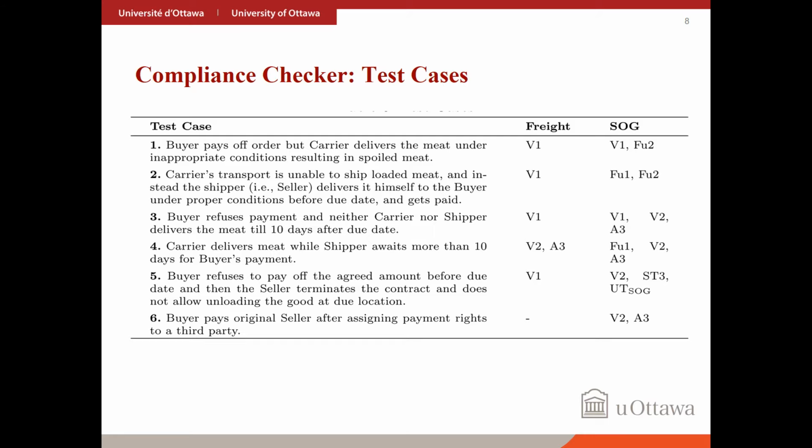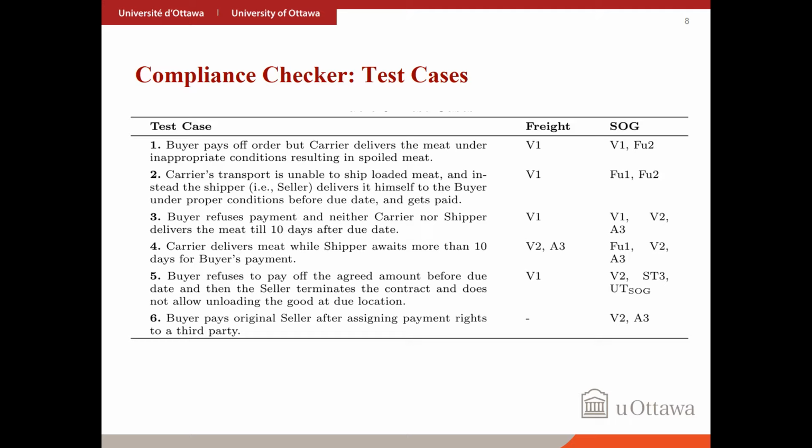We designed 6 scenarios and corresponding test cases combining states of sales of goods and freight contract. Here, the delivery obligation is subcontracted to a carrier through a freight contract. All tests involve a sales contract between a seller in Argentina and a buyer in Ottawa, with freight subcontracting to a carrier.